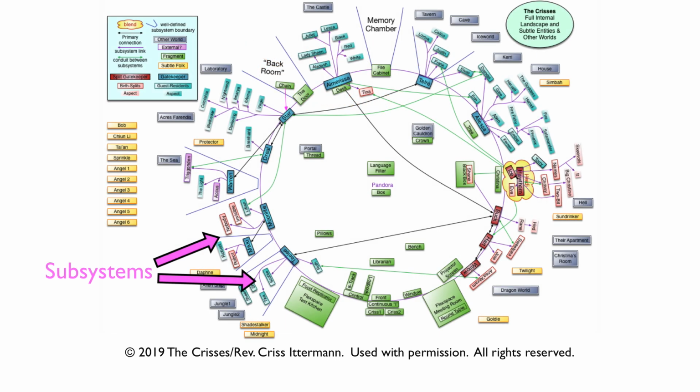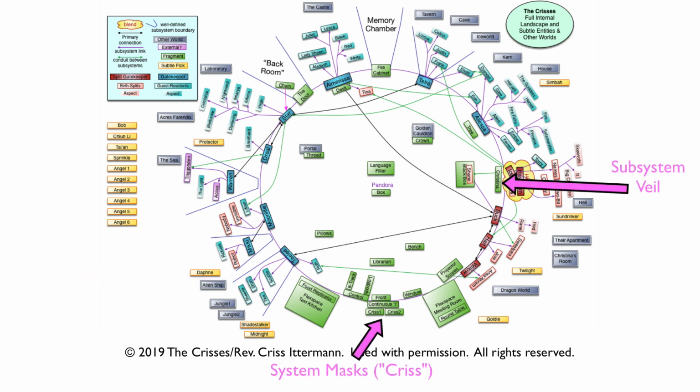There can be veils and masks. They're the same thing. A mask is over the whole system, and a veil is over a subsystem. So if you know what a mask is, if you mask in public so that nobody can tell all of you apart, you always use the same voice or close enough.